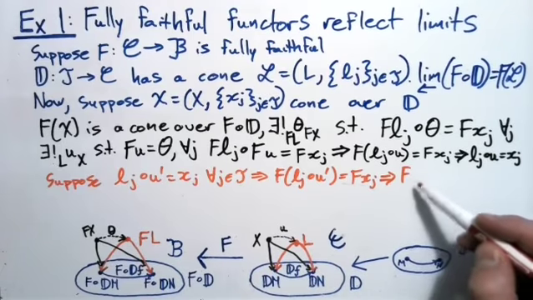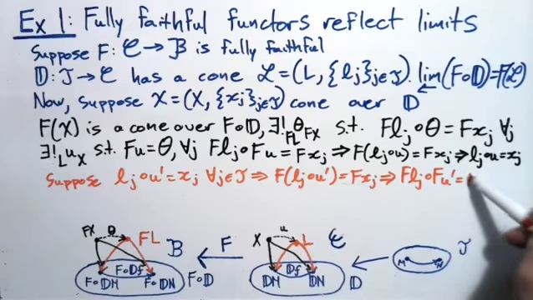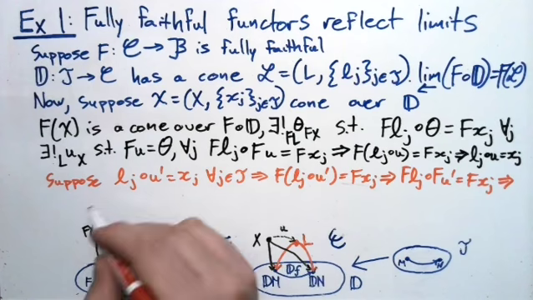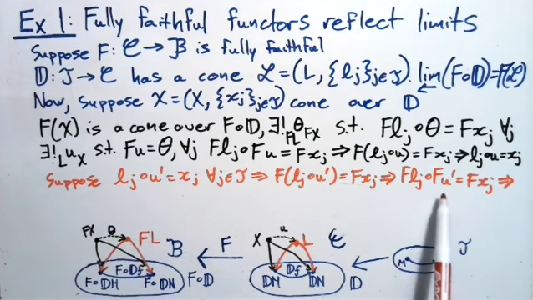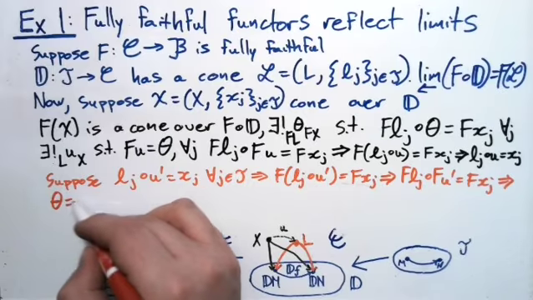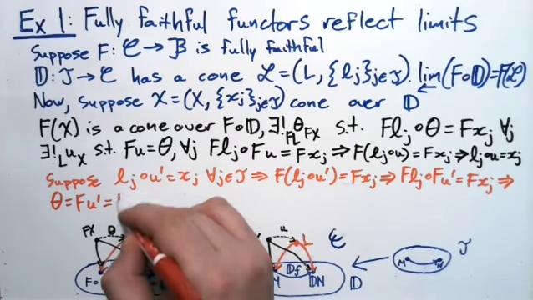So we can say that F L J after F U prime equals F X J, which means that theta has to be equal to F of U prime, right? Because theta is the only morphism that makes this equation true, but F of U prime also makes this equation true. So it has to be that theta is equal to F of U prime, but theta is also equal to F of U, we said.